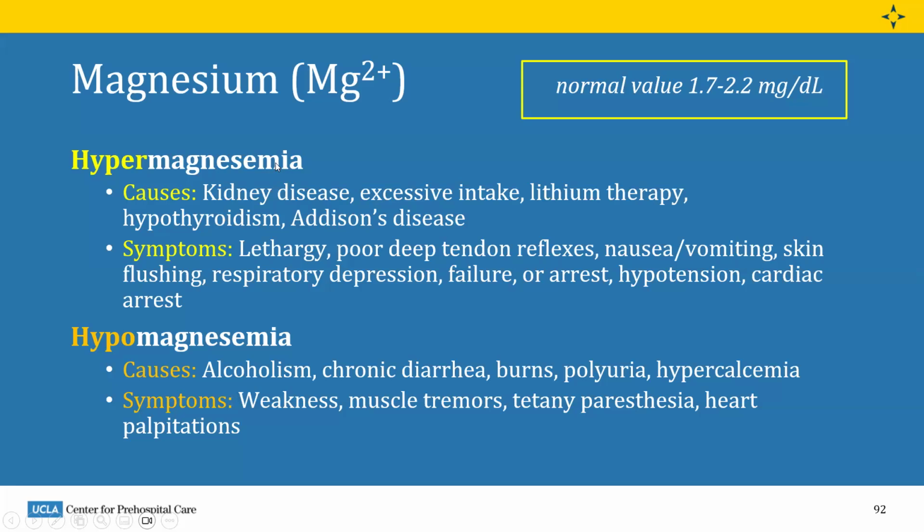What happens if we have too much, or hypermagnesemia? It's usually caused by kidney disease. So if we see a theme here, because our kidneys are unable to work properly to create this balance. Kidneys aren't working, then we end up with hypermagnesemia.